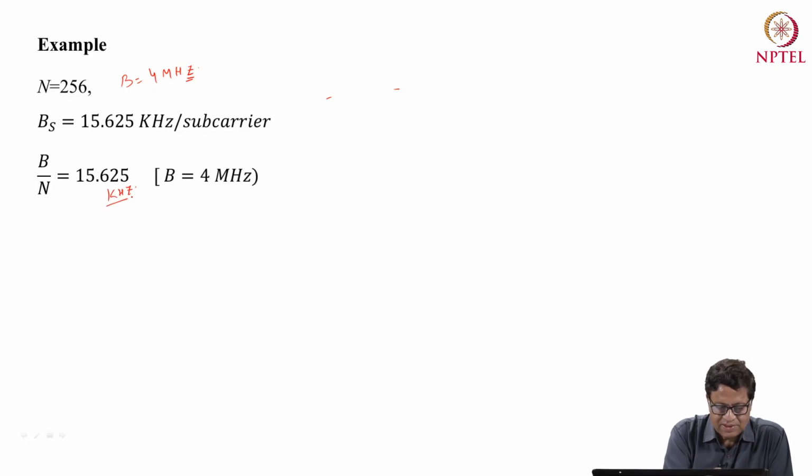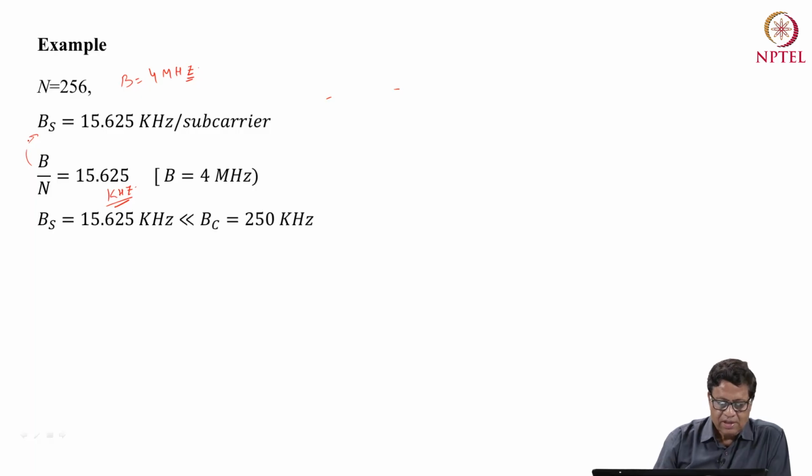So this is per subcarrier. This is what I have written here. So this becomes your B by N. So if you see this, and your BC for a wireless channel is 250 kilohertz, this B by N is much less than BC.